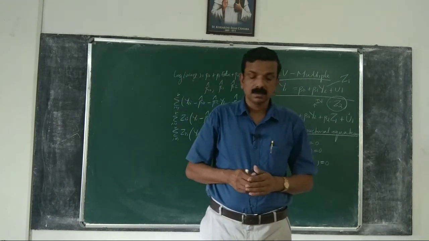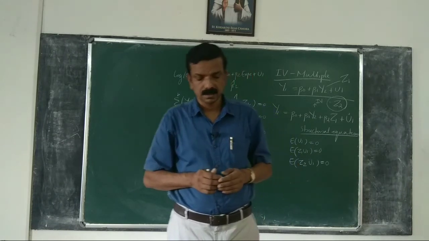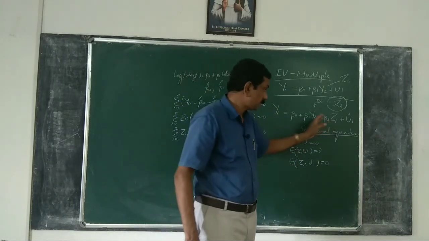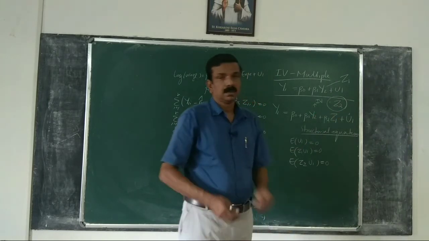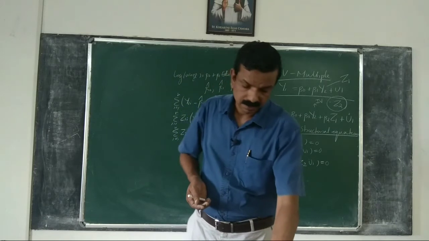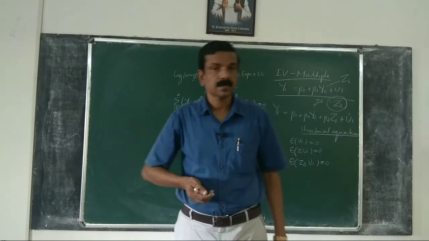And to explain how these should be correlated, when Z1 is present, for Z2 to be a valid IV for Y2, we use what is known as the concept of partial correlation.